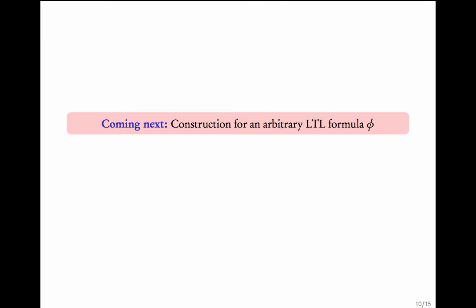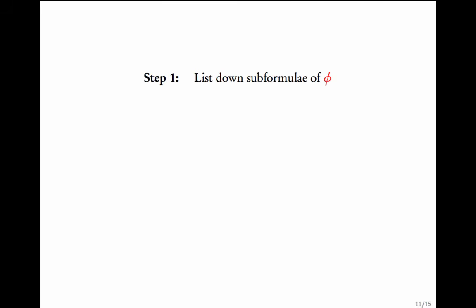We have seen the algorithm for P1 until P2, and we have given an idea for XP1 until P2. In the case of P1 until P2, we also saw the final automaton that is constructed. In XP1 until P2, we gave some ideas as to what the states and transitions should look like. Let us now sketch the construction for an arbitrary LTL formula phi. Step 1.